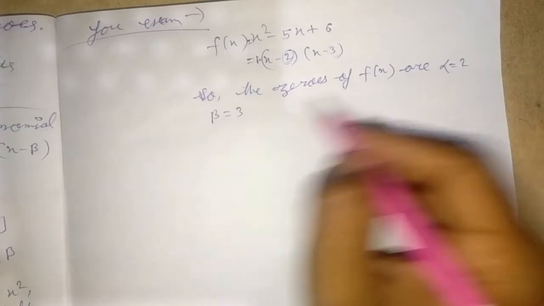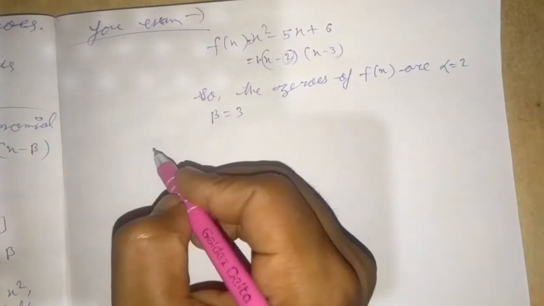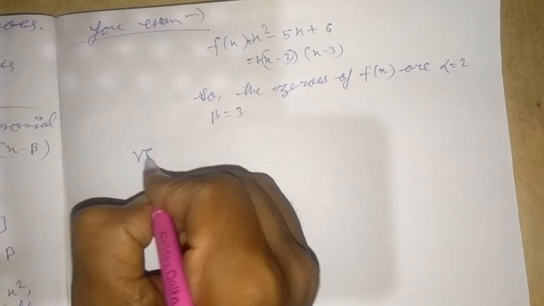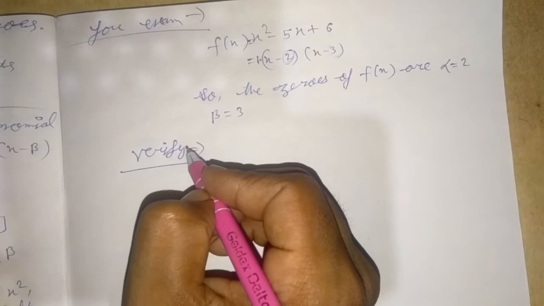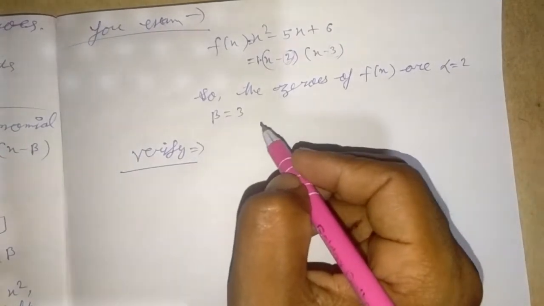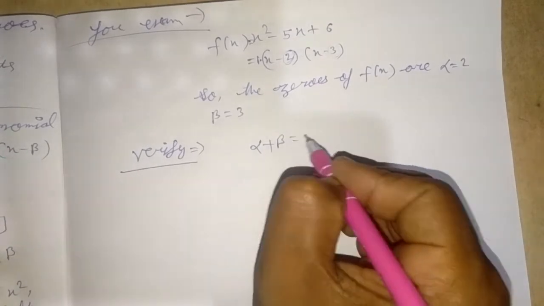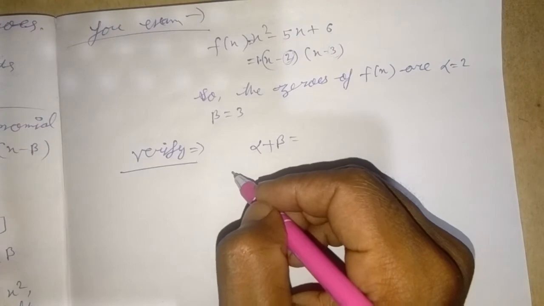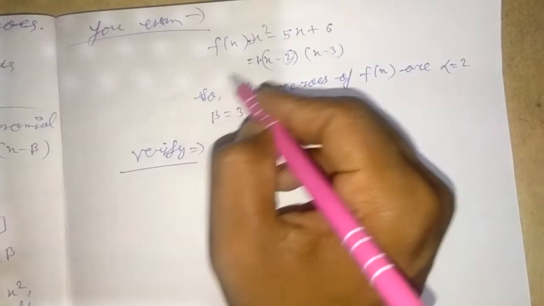We have identified alpha and beta, the zeros of this quadratic polynomial. Now we will verify that the sum of the zeros is equal to minus b upon a.